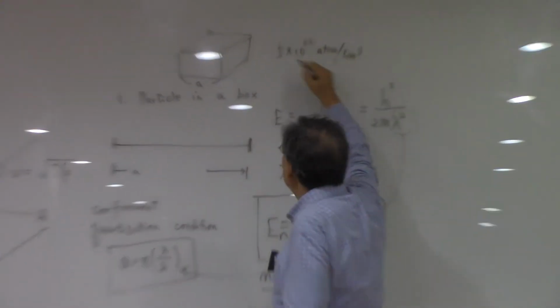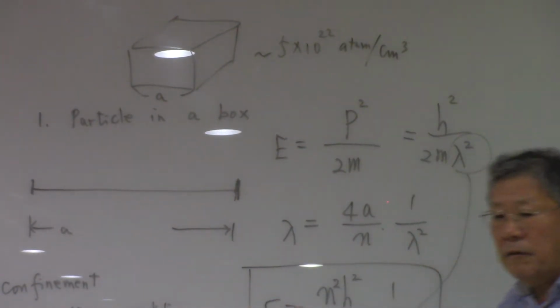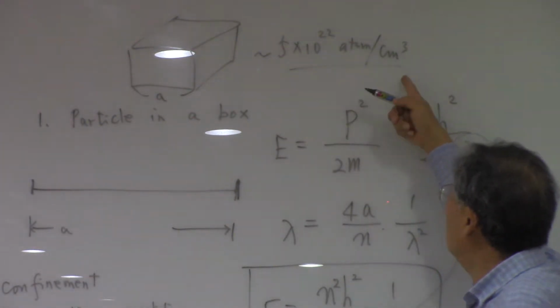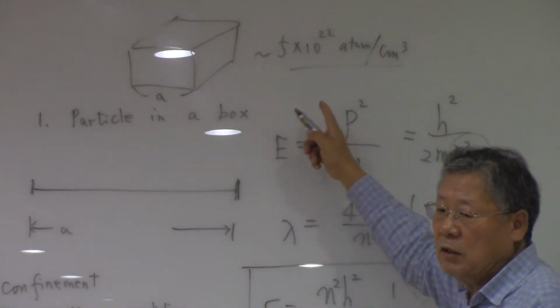That is a typical number. Of course, it is different from atom to atom, but typically it's around this. In 1 cube, we have 5 times 10 to the 22.